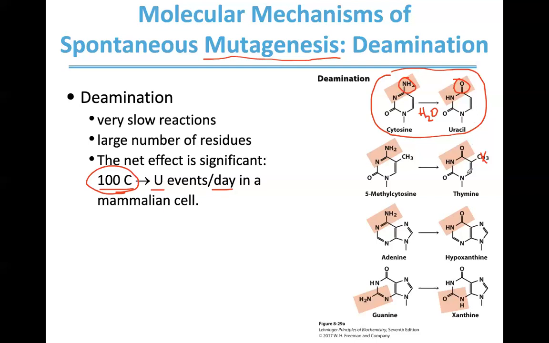And probably for that reason, DNA adopted the use of thymine, right? Because now, if there is uracil in the DNA, clearly the only source of uracil is the deamination of cytosine. Then the DNA repair machinery will come in, take the uracil out, put thymine in, and the damage is repaired.